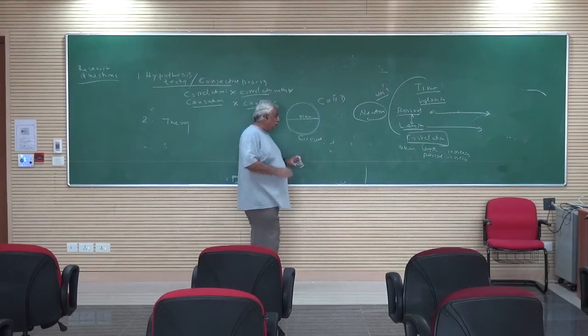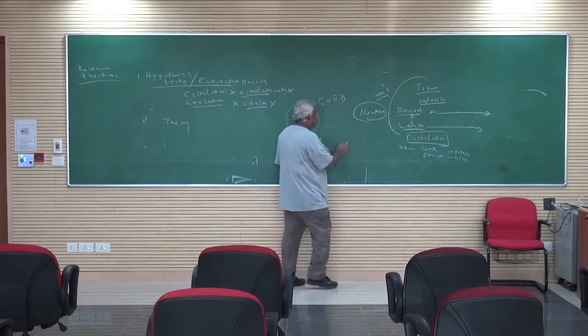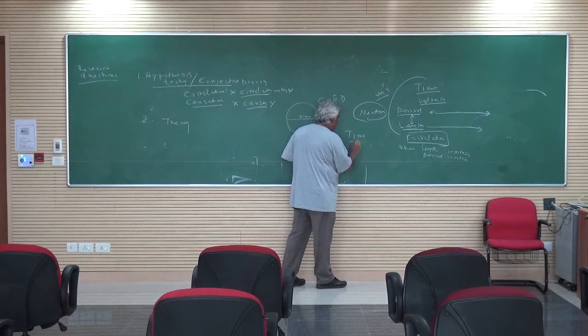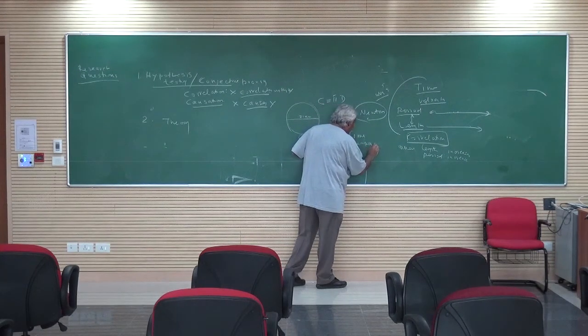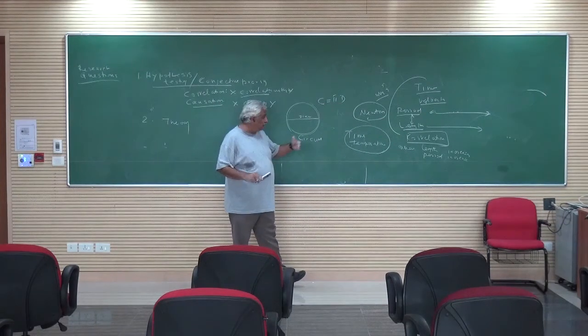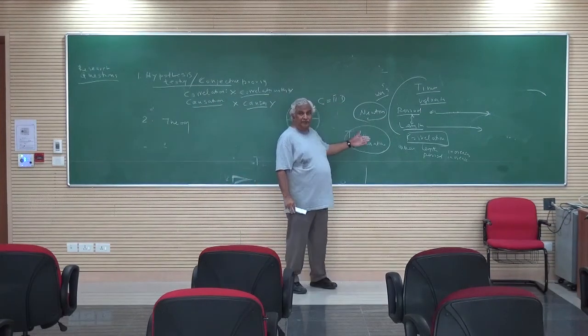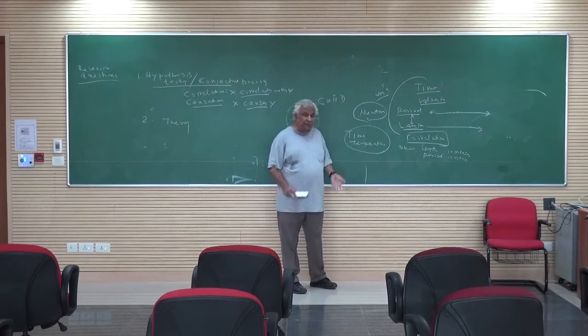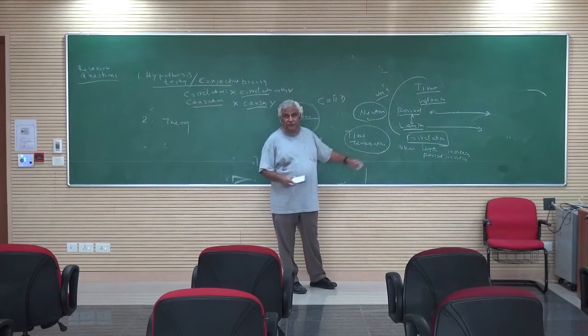Likewise, you observe a correlation between time and temperature. When you measure temperature at different intervals of time, let us say you measure temperature every hour in a particular region.